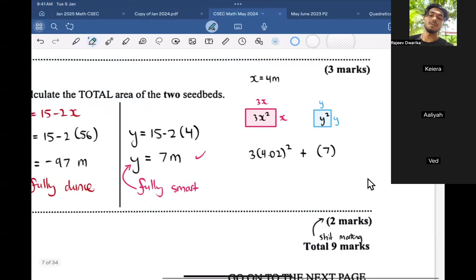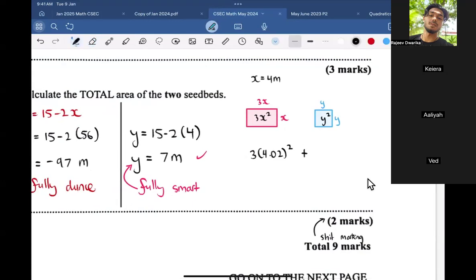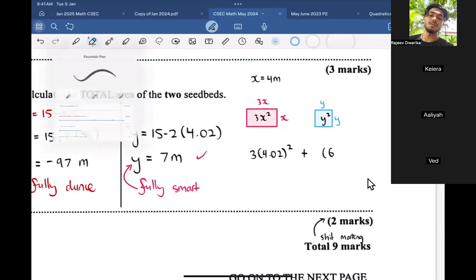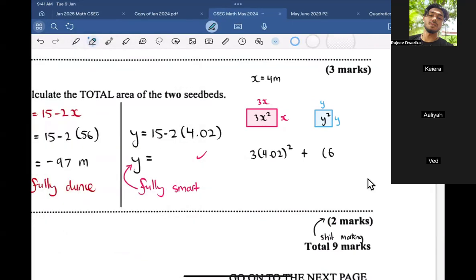So I want somebody to plug that into the calculator and tell me the final area.